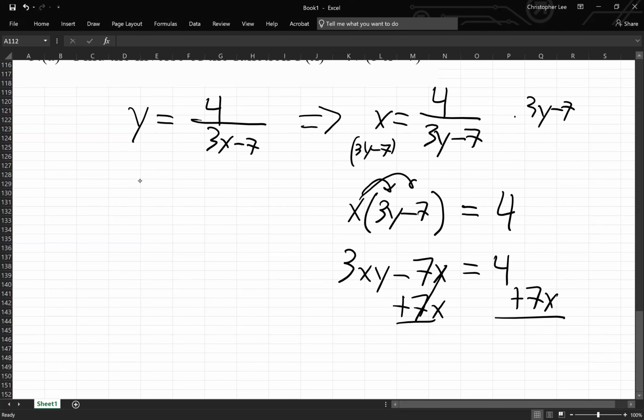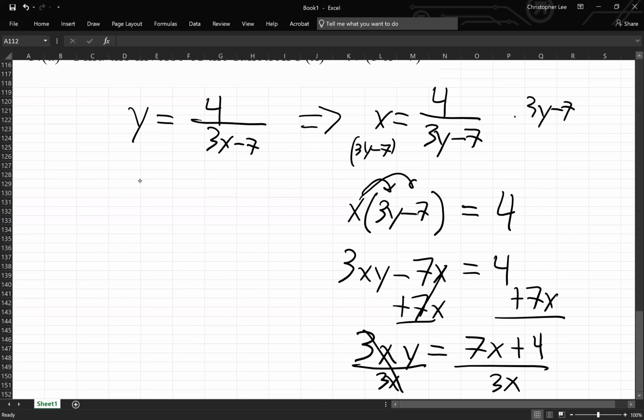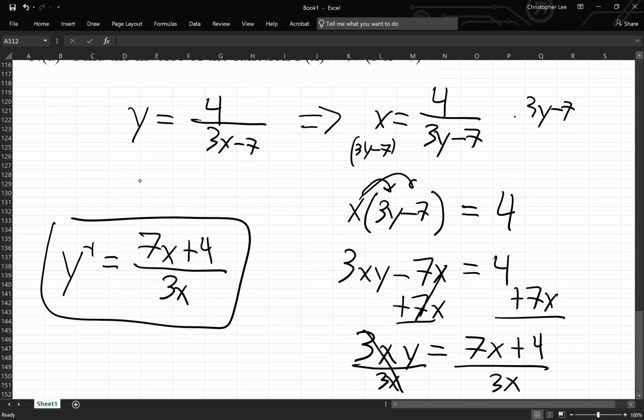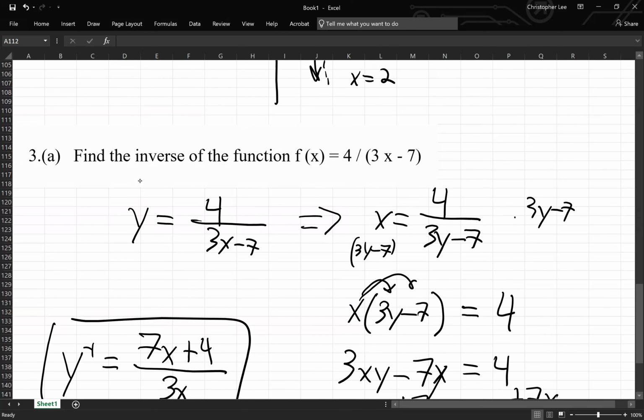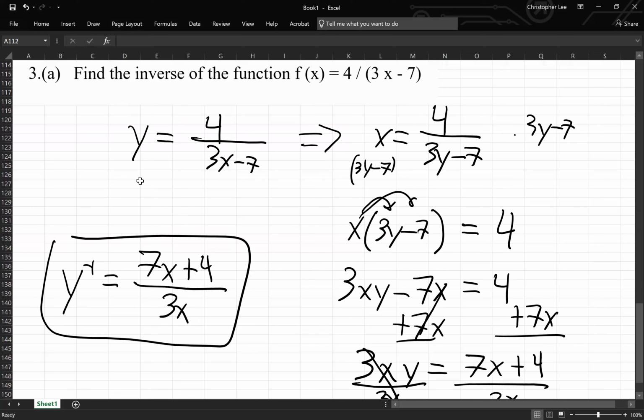So I have 3xy is equal to 7x plus 4. I'm going to divide by 3x. What I do to one side, I have to do to the other. So there we go. That's my inverse, right? So y inverse is equal to 7x plus 4, all divided by 3x. There we go. All right. Just make sure that's charging. Good. Okay. That's all that question was.